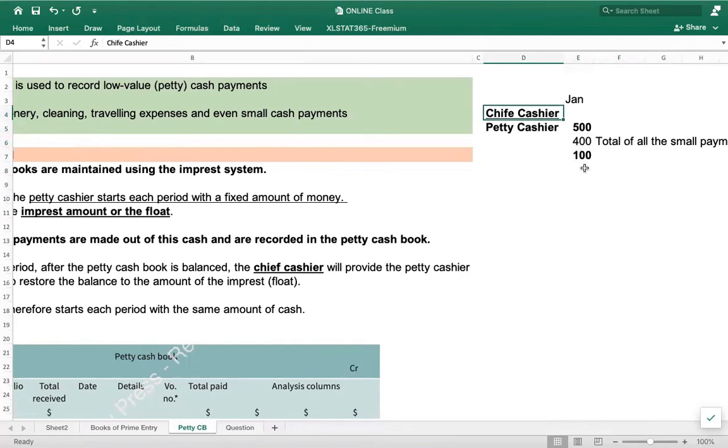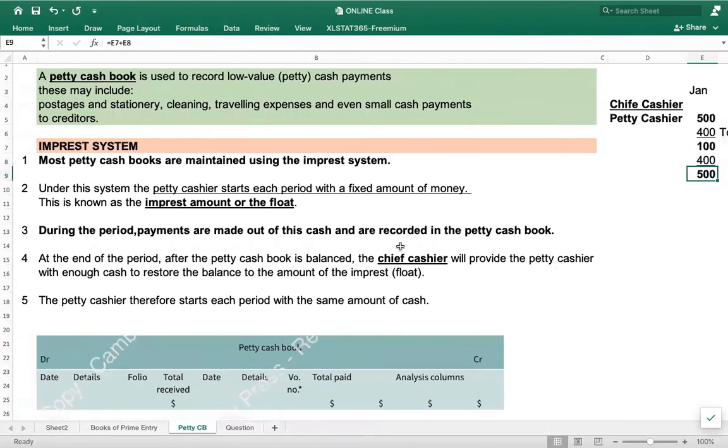Here he got 500, he paid $400, 100 left, right? Now he will show his record to the chief cashier. The chief cashier will again pay him the money, whatever he paid, the total payments, that money he will pay. So again he will have how much dollar? $500. So this is known as the Imprest system.